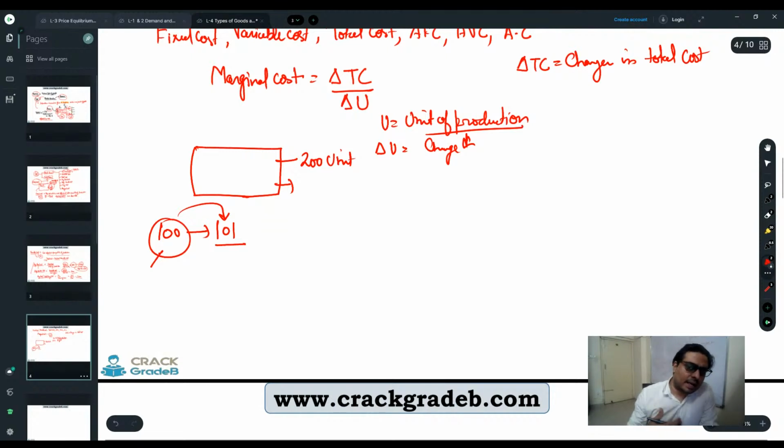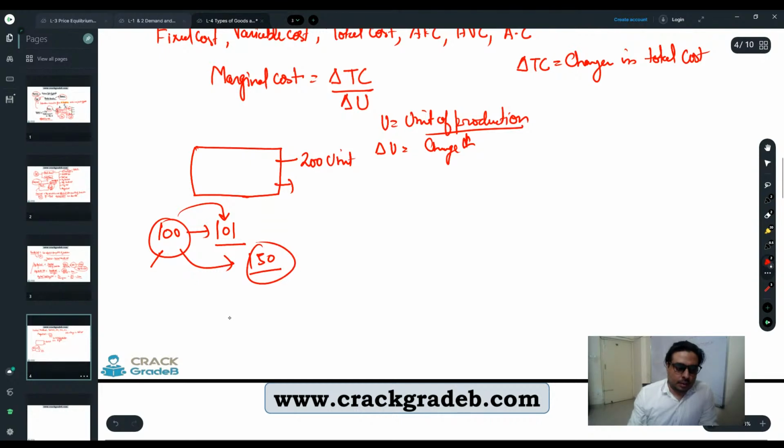Then there will be a slight change in the cost: some variable cost, some extra raw material is required to increase production from 100 to 101 units. But when they want to increase production from 100 to 150, more variable cost means an additional number of employees is also required, and a good amount of material is required.